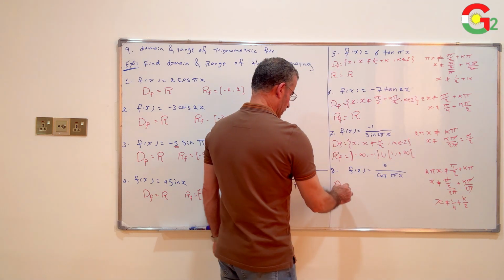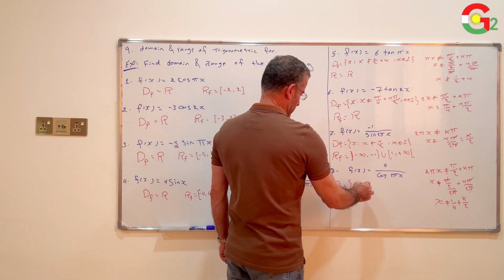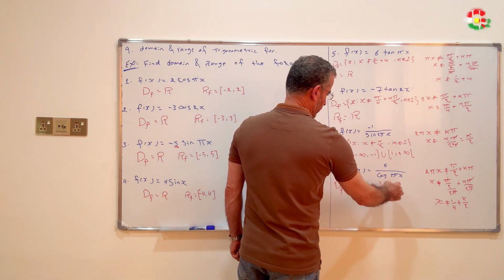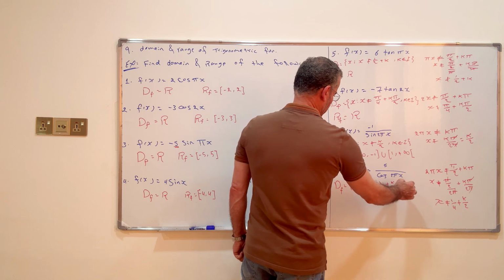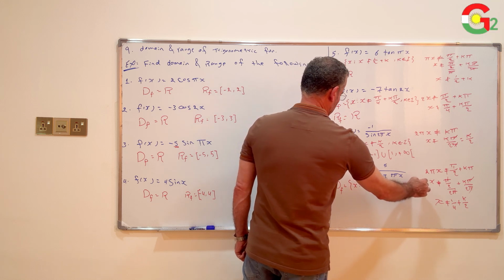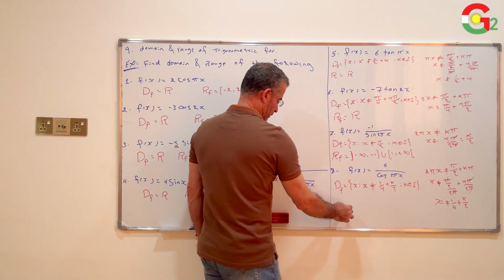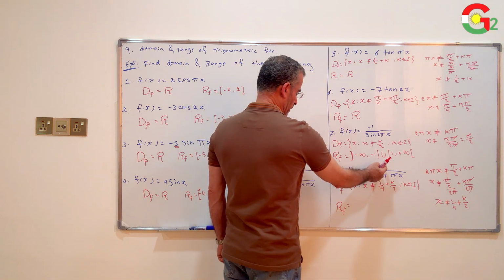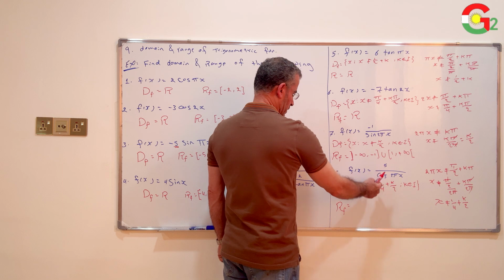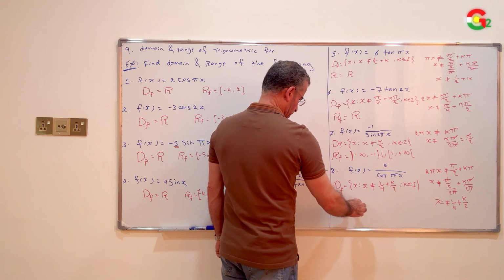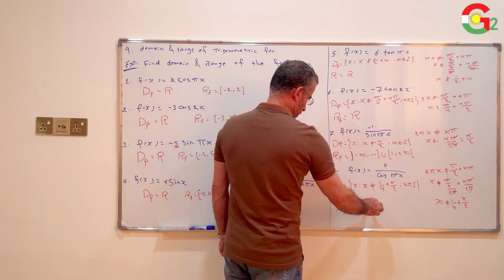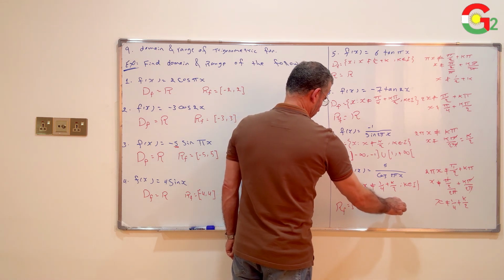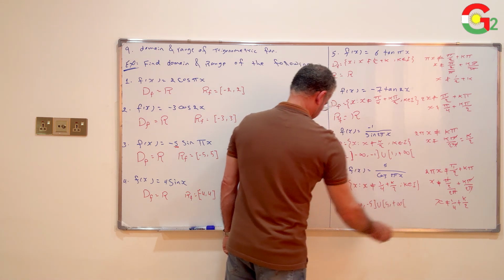Then the domain of f equal to x, where x not equal to 1 over 4 plus k over 2, where k is any integer number. The range of this function, applying the rule of constant over cosine, is from negative infinity to negative 5 union 5 to positive infinity.